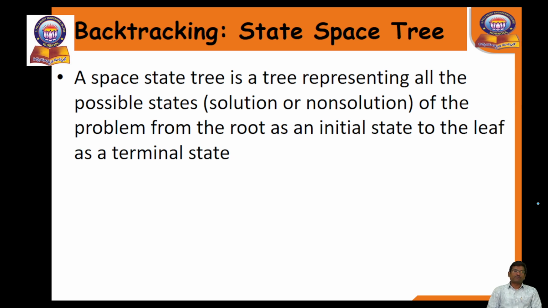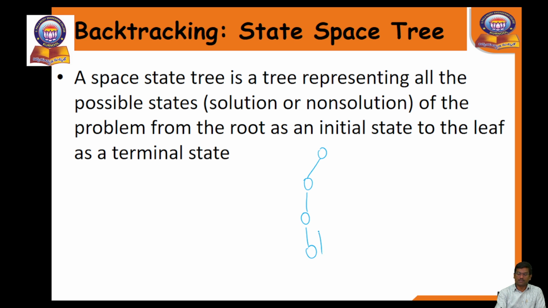So here we have also learned about the state space tree diagram. What is a state space tree? A state space tree is a tree representing all possible states, solution or non-solution, of the problem, from the root as the initial state to the leaf as the terminal state. We start from the root and reach the depth, and find whether it leads to the optimal solution or not.